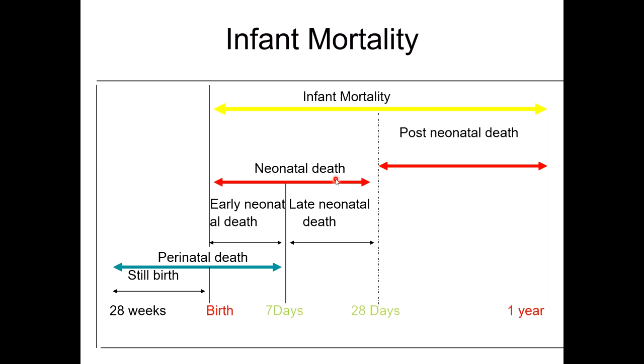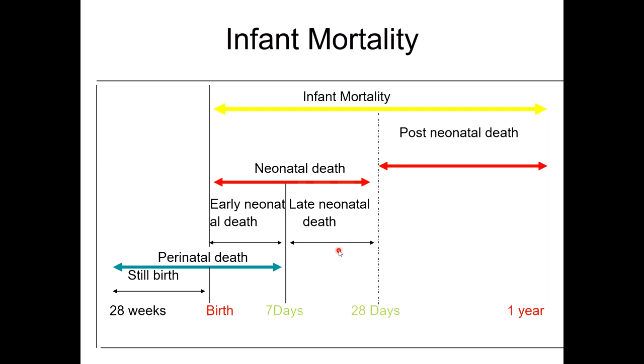Neonatal death is divided further into two components, early neonatal death and late neonatal death. Early neonatal death is death in the early days, from birth to the seventh day of life. From 7 days onwards to 28 days of life, it is known as late neonatal death.